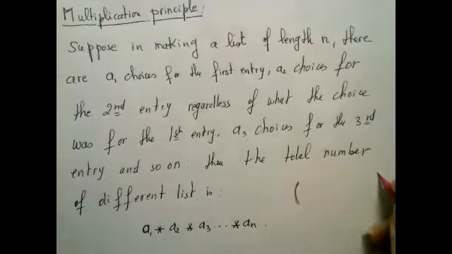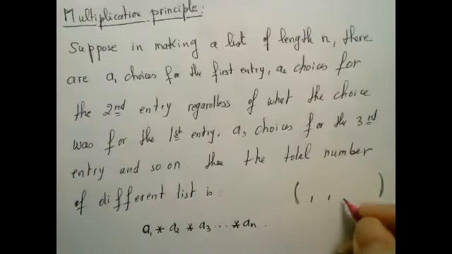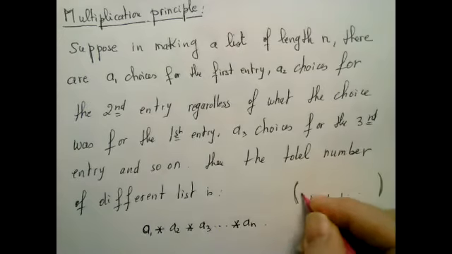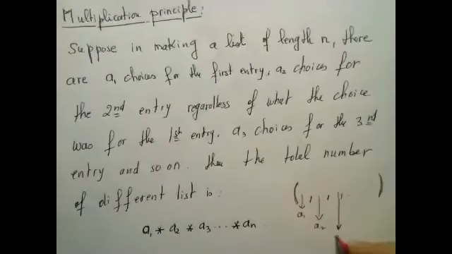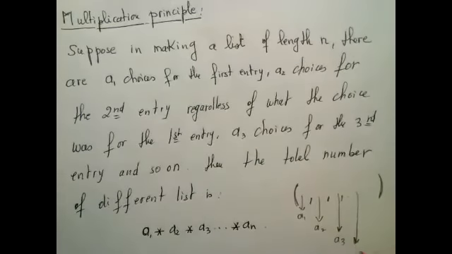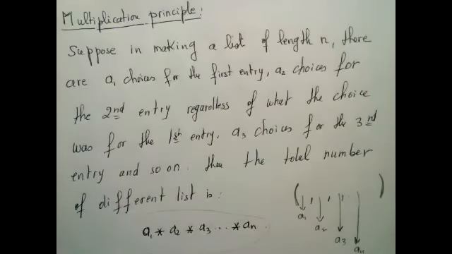You have a list of objects. They don't have to be numbers, of course. They can be anything under the sun. So here you have A1 choices, A2 choices, A3 choices, A4 choices and so on. So how many choices you have, it's the product. And this is called the multiplication principle for counting, which occurs tremendously a lot.